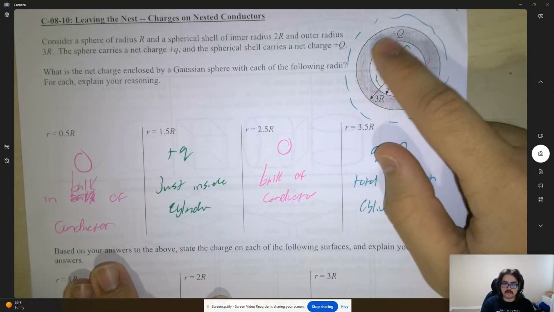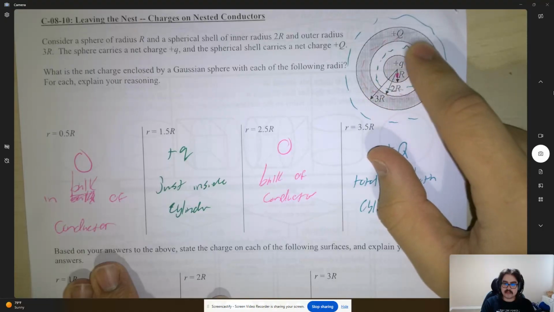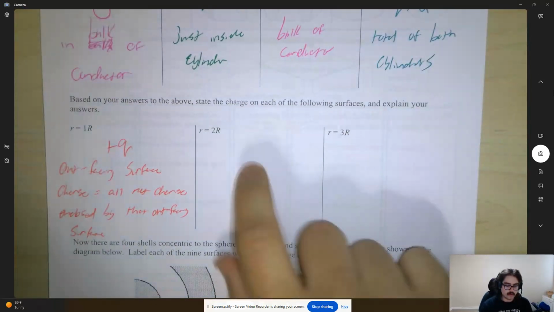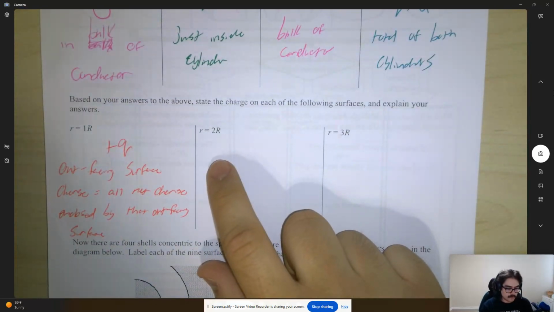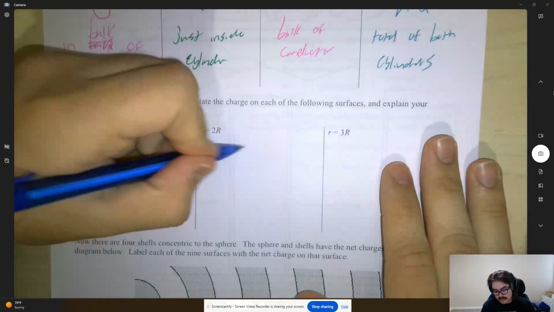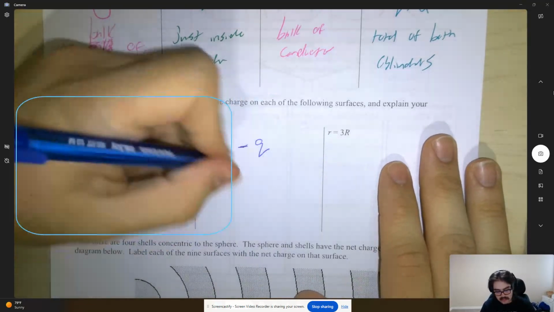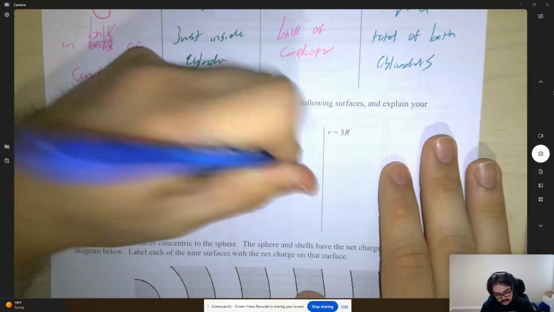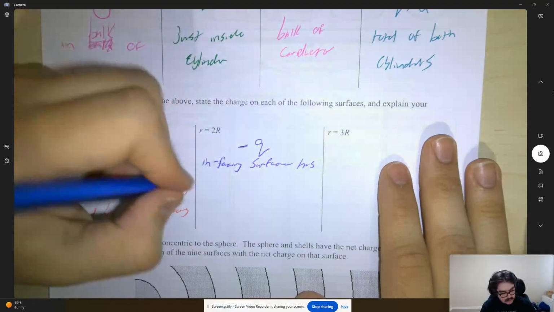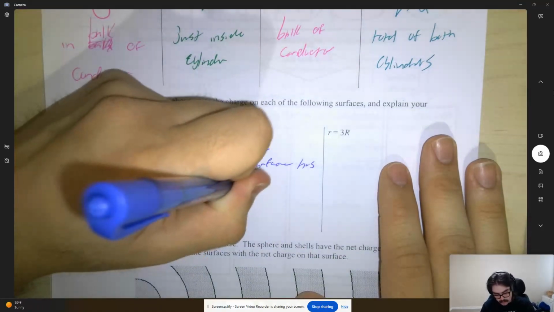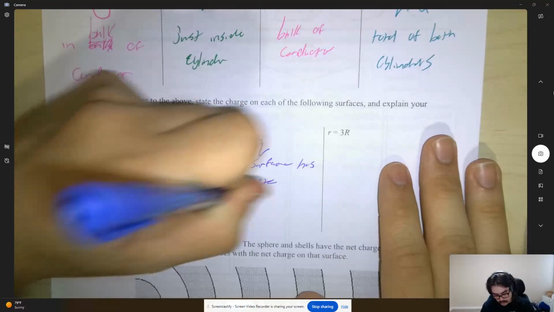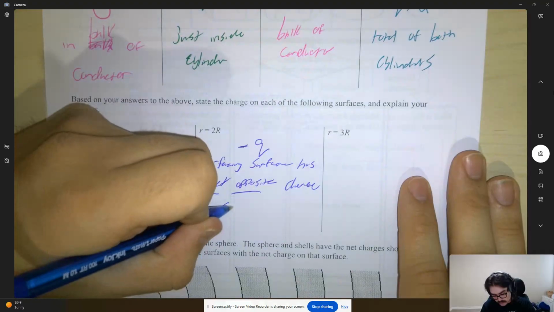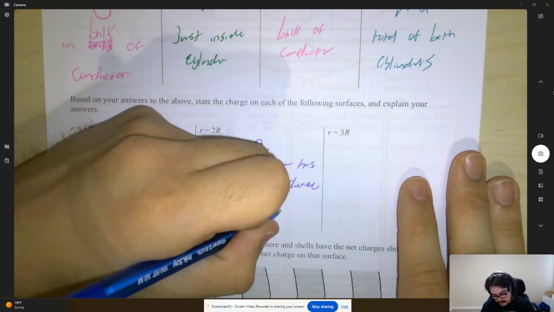So for 2R we would say this is going to be negative q, because the in-facing surface has exact opposite charge of the surface it faces.